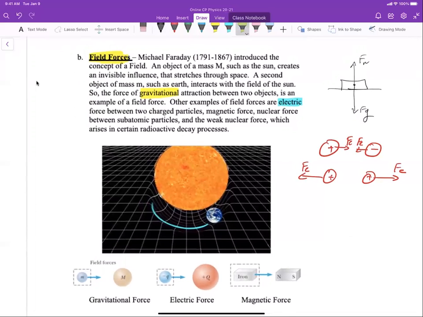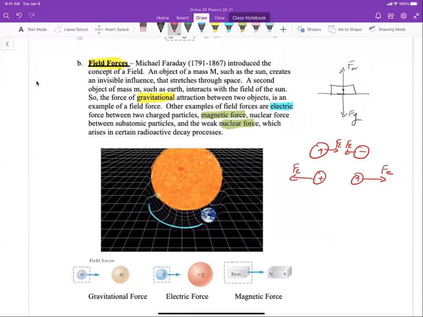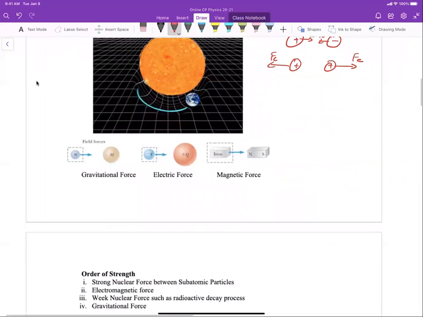There's also nuclear forces that we have, and we can have them in radioactive decay. We have also magnetic force. Okay, so these are all types of field forces. The one that we are going to work with in this class is gravitational attraction. So we have now discussed what a force is, which is a push or a pull, and we know that we have different types of forces, some that are in contact with one another and some that are field forces.